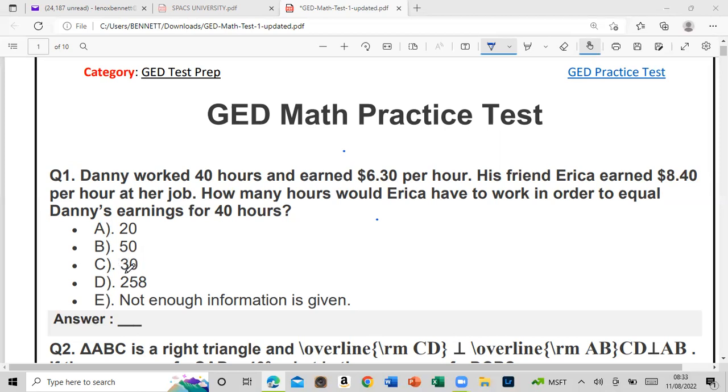However, let us work it out, right? So let us work out what 40 times 6.3 is.